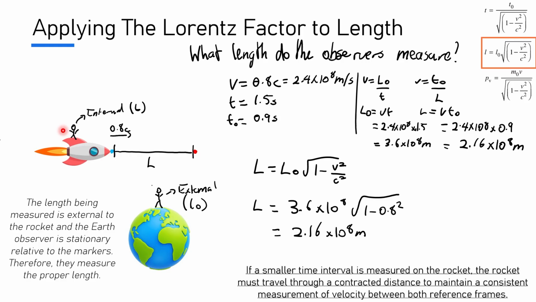Another way of thinking about this is that if a smaller time interval is measured on the rocket, it therefore must travel through a contracted distance to make sure that the measured velocity of the rocket in the internal frame of reference is the same as the velocity of the rocket measured by the person in the external frame of reference.